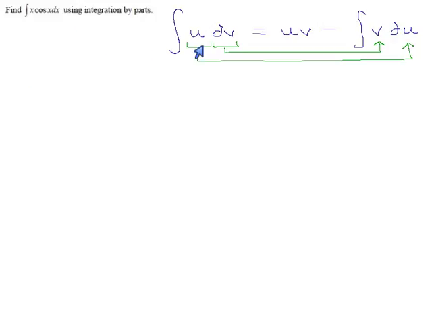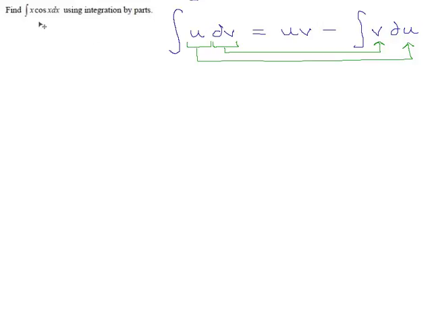So integration by parts says, if you've got two pieces and you can't figure out how to integrate them, you can differentiate one, anti-differentiate the other, and if you like this integral better, then go ahead. This uv minus integral v du is an alternate form that you can use.